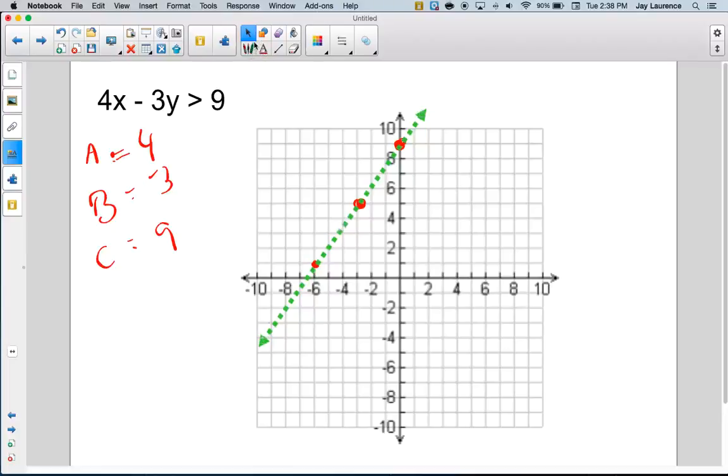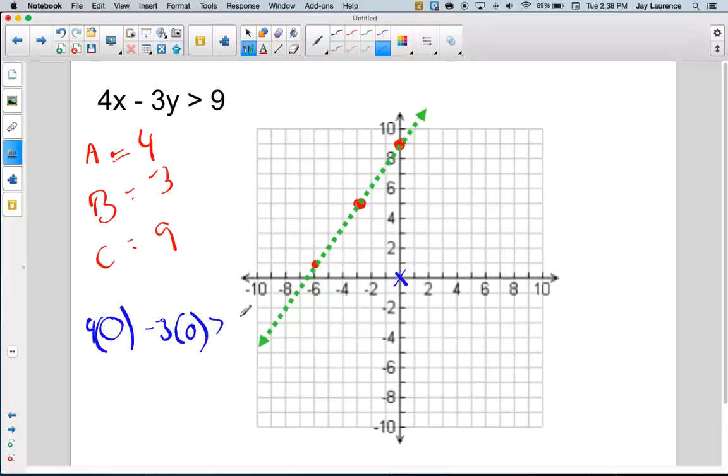Okay, now I got to do my test point. I can use the origin. Why? Because the line does not pass through 0, 0. So I am going to do 4 times 0 minus 3 times 0. Is that greater than 9?